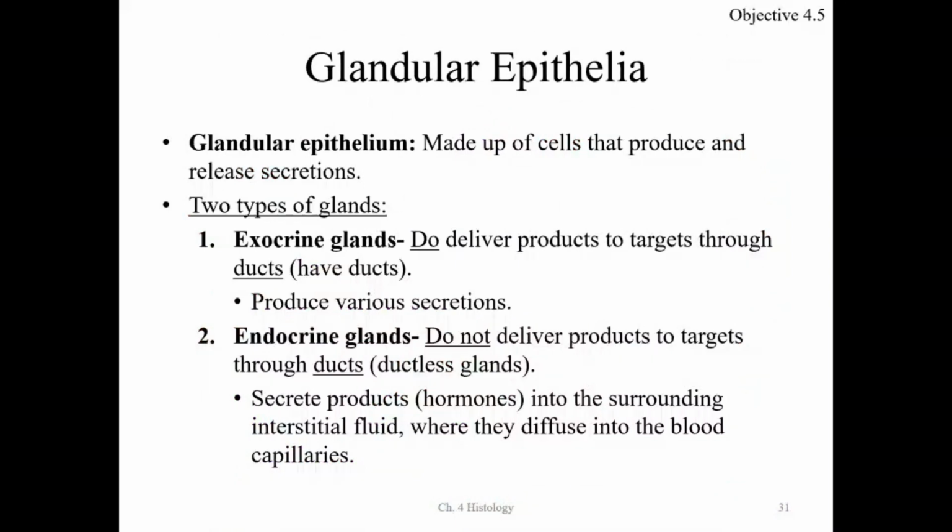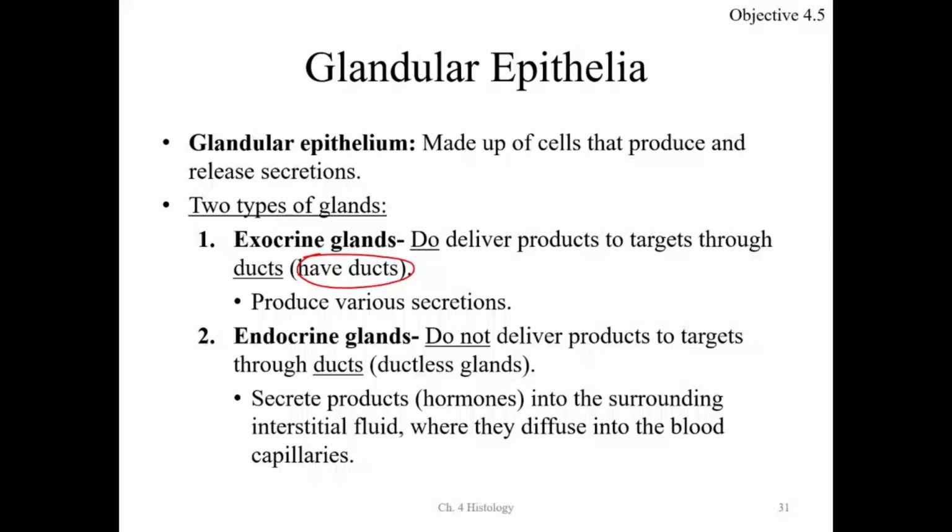Now, glandular epithelium, they secrete stuff. They release secretions. There are really two kinds of glands: a gland can be exocrine or endocrine. Exocrine glands have ducts. They deliver products through ducts.